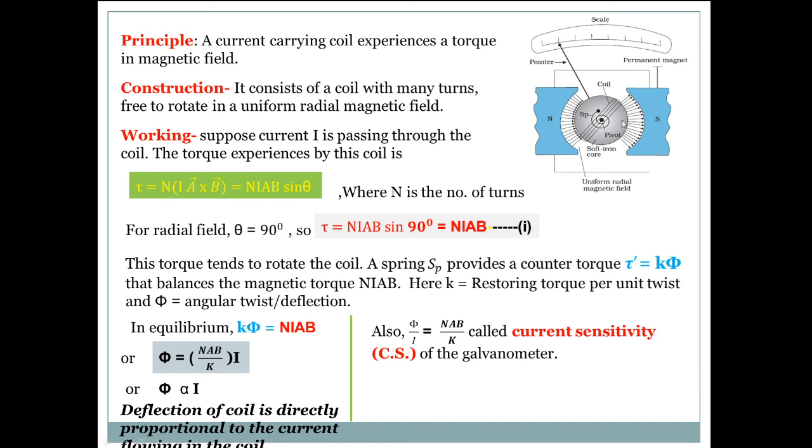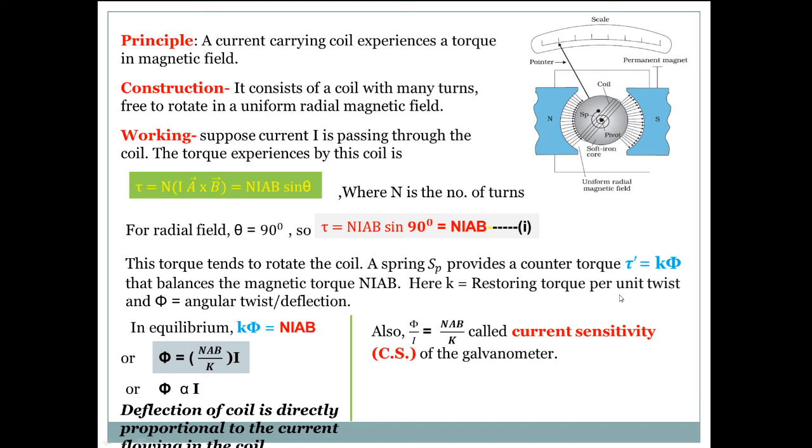This torque tends to rotate the coil. A spring SP provides a counter torque, that is tau dash equal to K phi, which balances the magnetic torque NIAB.